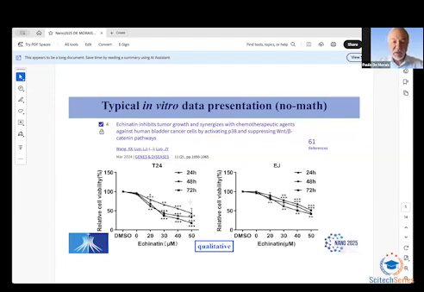The second point you can extract from the data is that if you compare short incubation, let's say 24 hours, and longer incubation of 72 hours, the toxicity increases as you increase the incubation time.